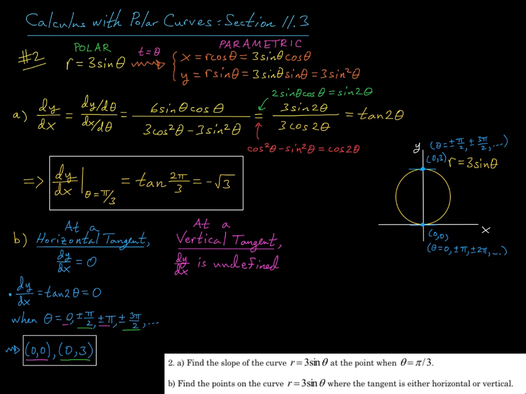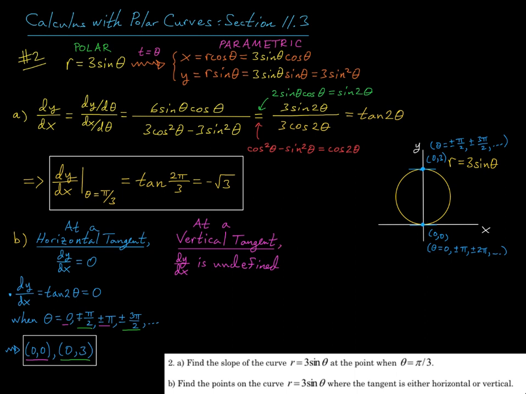Now if the angle is 0 or plus or minus pi or plus or minus 2 pi, you can plug those angles into your expressions for x and y up here, and you'll find that those angles describe the location (0, 0). So we're at the origin when theta is 0, plus or minus pi, plus or minus 2 pi, and so on. And again, we have a horizontal tangent.